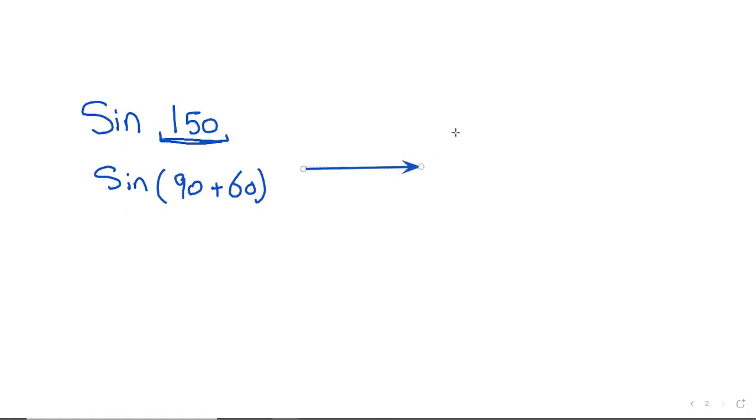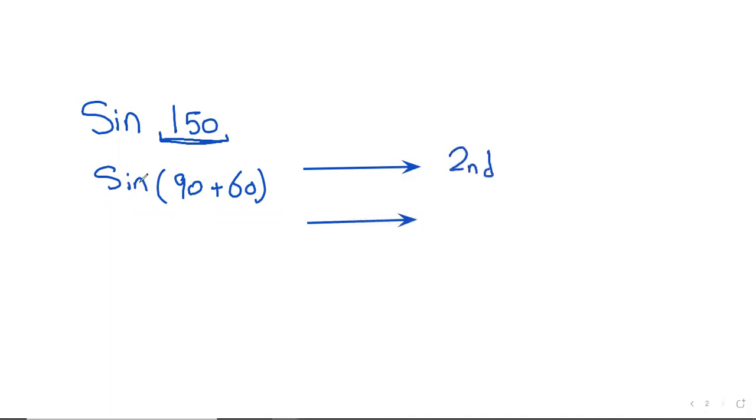Let's take an example: sine 150. We can express 150 as 90 plus 60. But be careful. What are the steps we follow to find sine 150? The first step, determine the quadrant. 150 lies in the second quadrant.